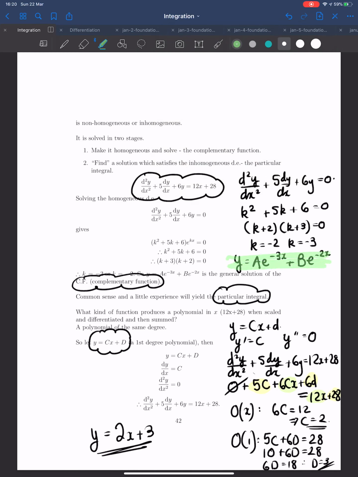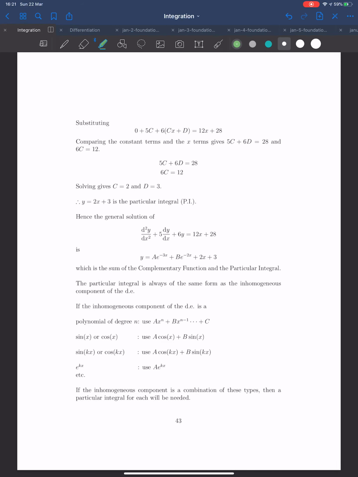There we are, that one is the complementary function. And that one there is the particular integral. So the overall general solution is the complementary function, a e to the minus 3x plus b e to the minus 2x, plus the particular integral 2x plus 3. And that's the answer. So it's the sum of the two.